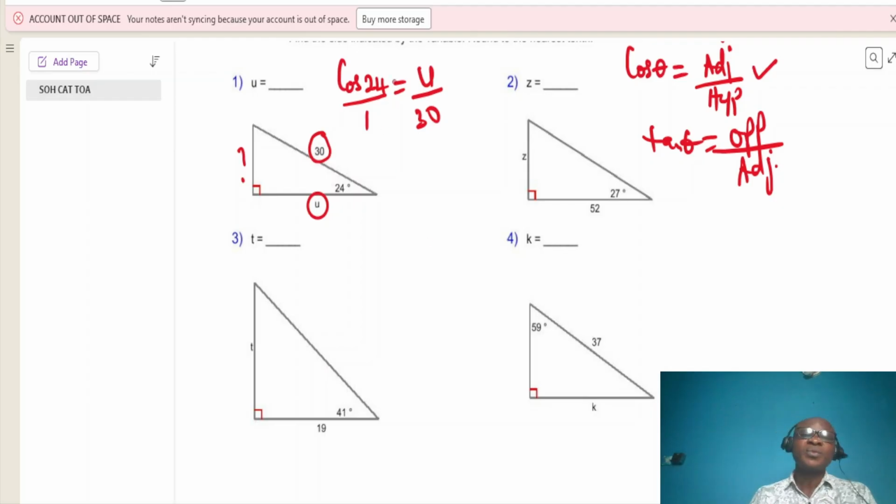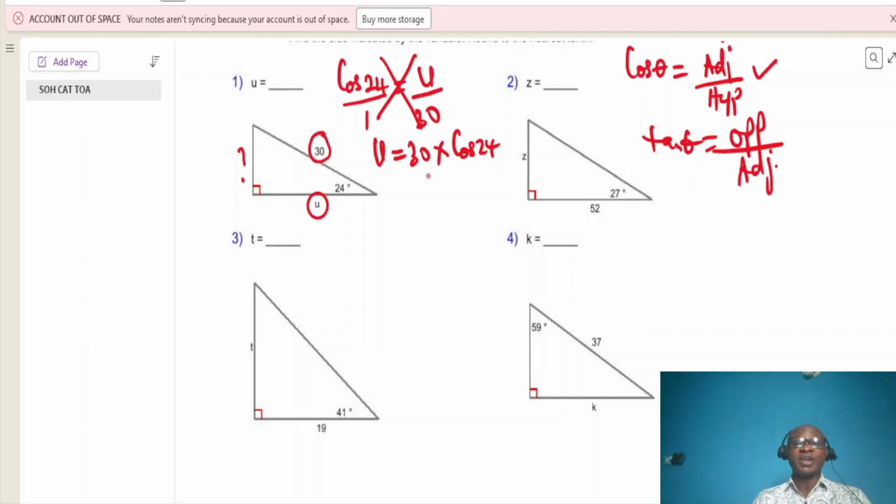Therefore, I will take a cross multiplication here. You multiply 1 will give me u, and then 30 will multiply cos 24. So you can see this step, I put it down before I go into finding the cos 24. Now, with my calculator, I believe you have yours, I can find cos 24.